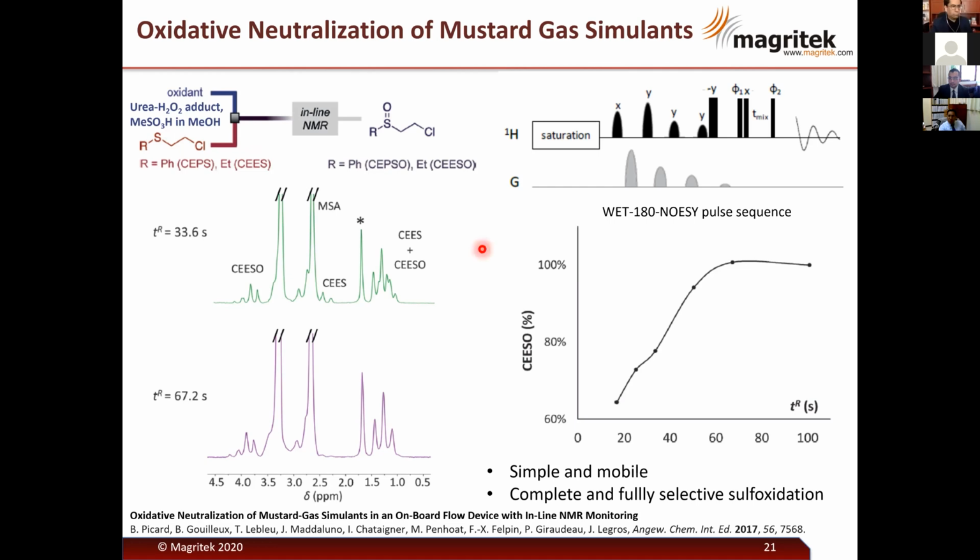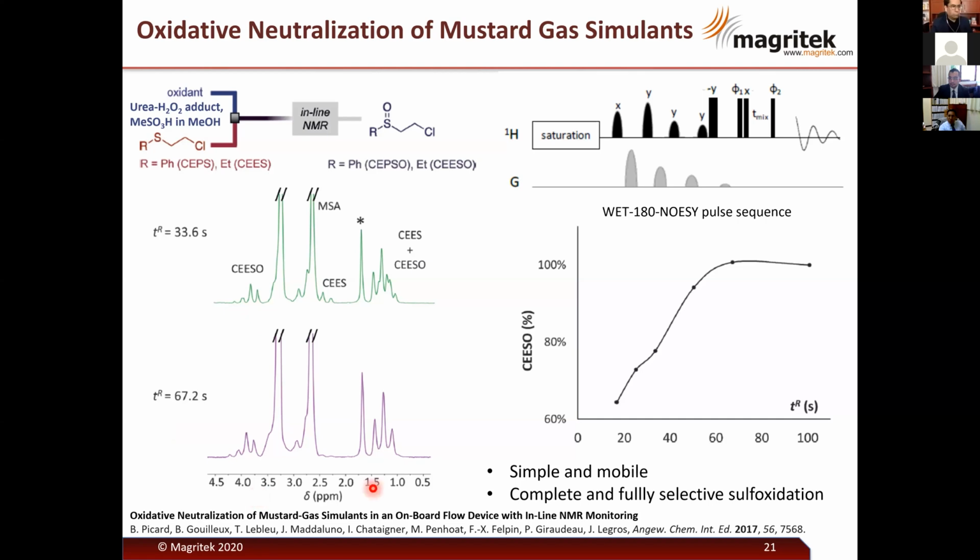So this stack plot here shows two 1D proton spectra recorded at different residence times, at 33.6 seconds and 67.2 seconds. The signal for this sulfoxide product CEESO can be observed here at around 3.8 ppm. And it's nice and separated, easy to integrate.